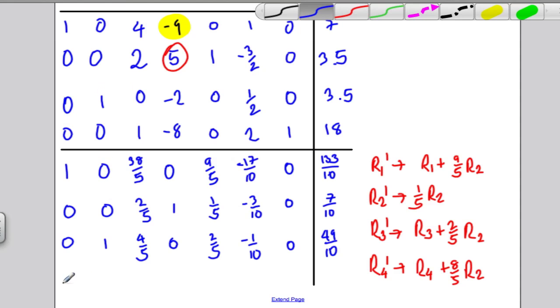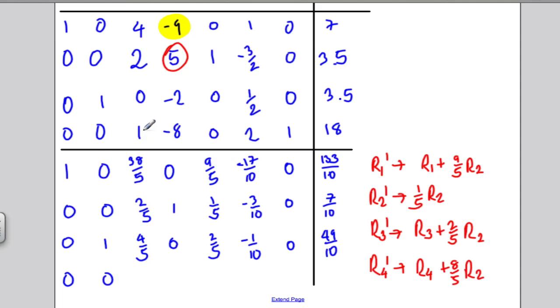That add 8 fifths of that is 0. That add 8 fifths of that is 0. That add 8 fifths of 2, so 1 plus 16 fifths effectively is going to be 21 over 5. That add 8 fifths of that is 0. That add 8 fifths of that is 8 fifths. That add 8 fifths of that, so 2 plus 8 fifths of minus 3 over 2 you get minus 2/5.